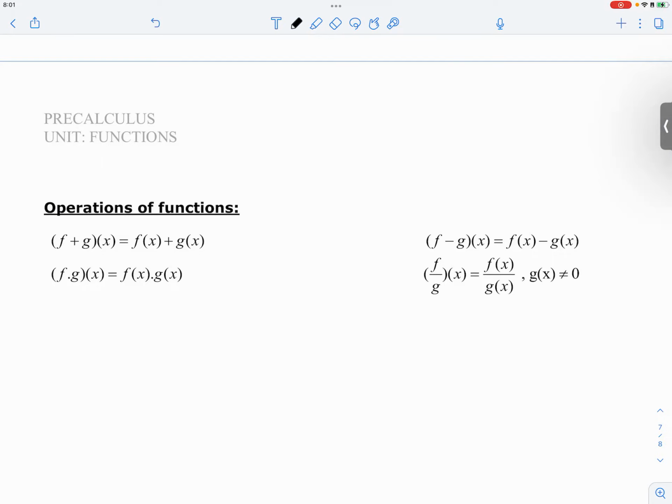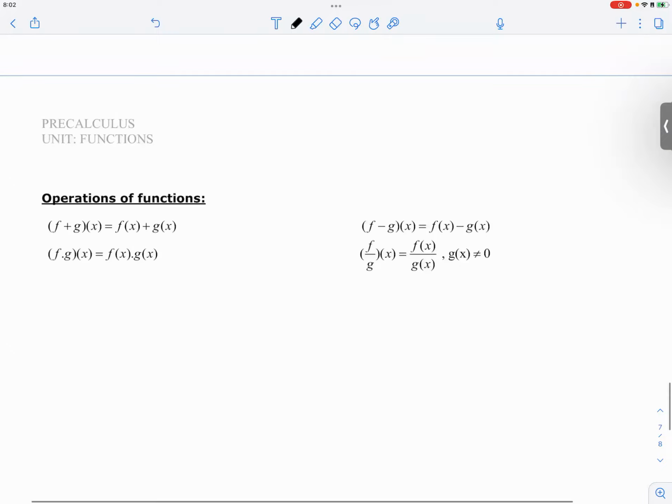So it's not really that hard. I think the most tempting thing to think is that if you are not familiar with this notation, that you might be thinking about, what is f plus g times x? I think that's really where things could go possibly very wrong, okay?